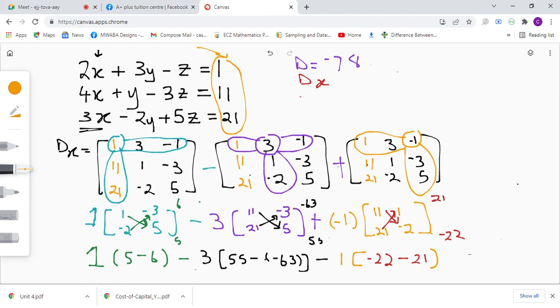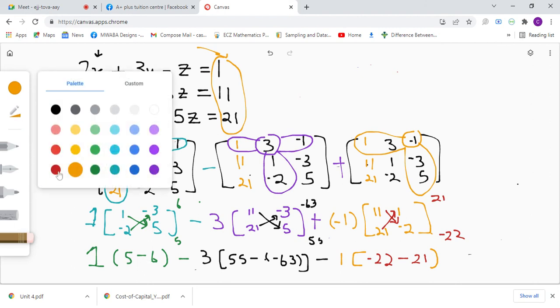Okay, so we'll go to the top of the board. Let me just erase these values here. We already know our earlier determinant was negative 78, so we'll just rewrite it somewhere else.